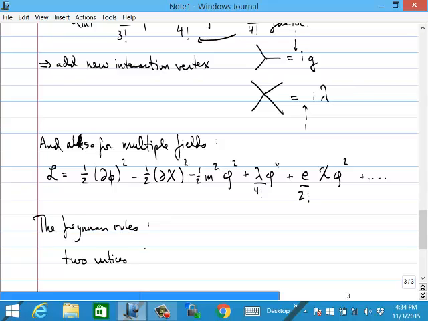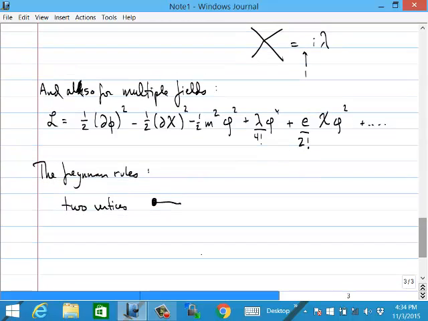So in particular, you have an external vertex where you have a phi particle. That's the vertex that you would use to represent some external particle phi inserted at a position x. And you would have a different type of external vertex that we could denote with a wavy line instead of a straight line, where you would have your particle chi.